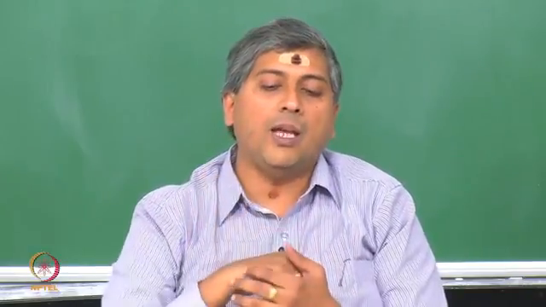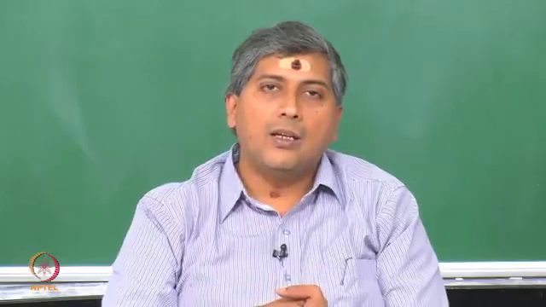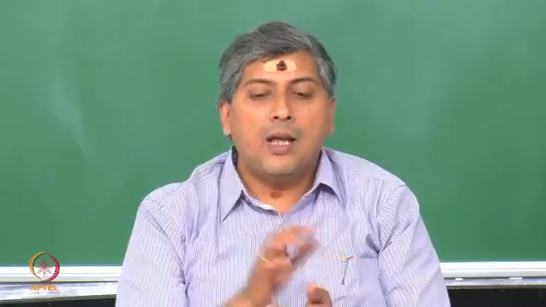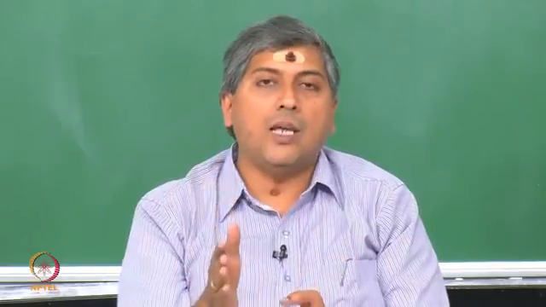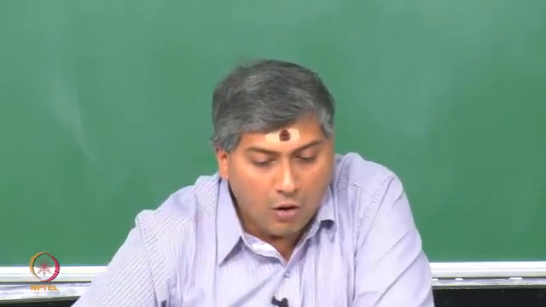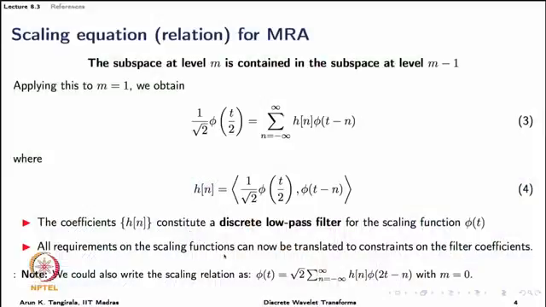That is, now we have h of n as the low pass filter associated with a scaling function. We need to only work with h of n, we do not have to really work with phi of t. Why? Because all requirements on the scaling functions can be translated to constraints on the low pass filter impulse response coefficients, and that is the beauty here.